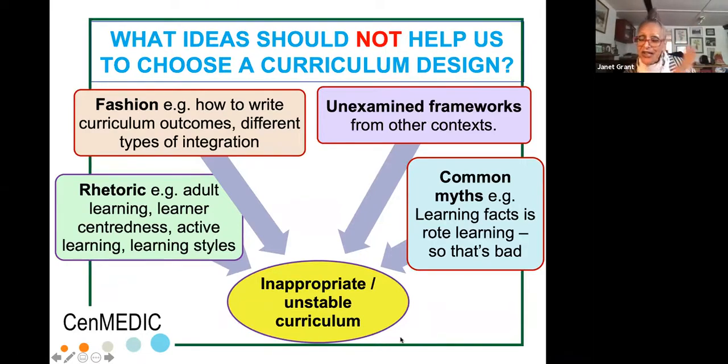Medical education is flooded with rhetoric, with terms that mean nothing, with ideas that are said to be theories and have no evidence base, with things that are okay to say at the moment. And these things, adult learning, learner-centered, active learning, learning styles, they all mean nothing. So rhetoric should not inform your decision about curriculum.